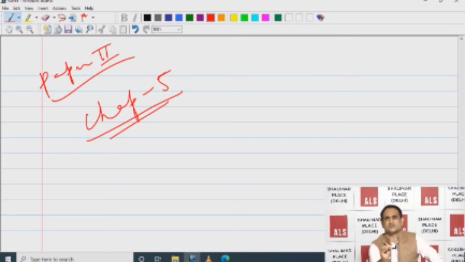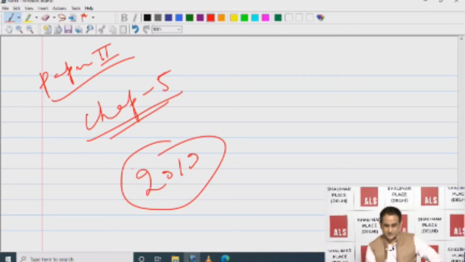This topic is mentioned directly. In 2019, last year now, they asked a question: examine the forces at work for the introduction of Western education in India and analyze the thrust given to it by the Christian missionaries. Now you tell me, is it a direct question from the topics mentioned in the syllabus or not?